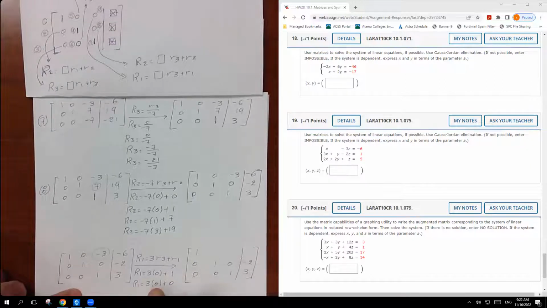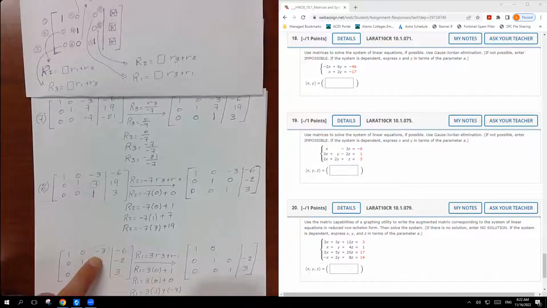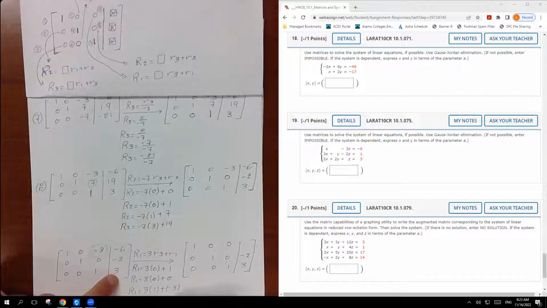So 3 times 0 is 0, plus 0, still 0. The next element is 3 times R3, which is 1, plus R1, which is -3. So 3 times 1 is 3, minus 3 is 0. The last element is 3 times R3, which is 3, plus R1, which is -6. 3 times 3 is 9, and 9 minus 6 is 3.